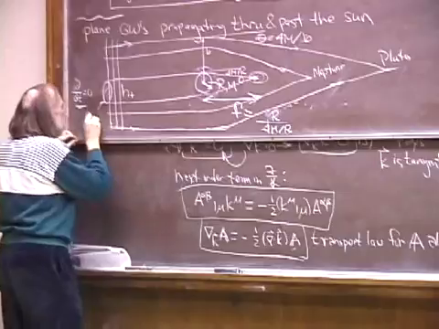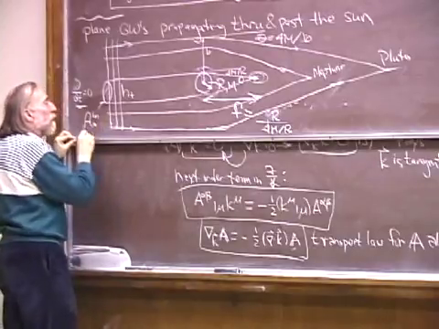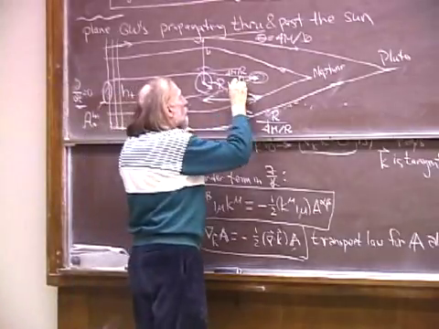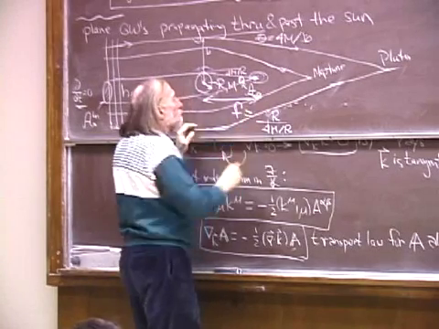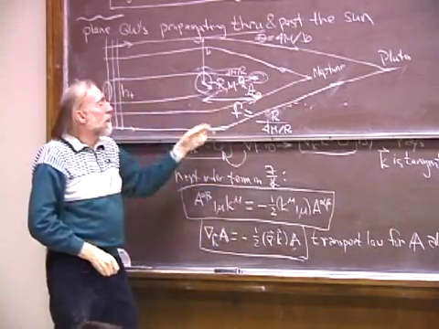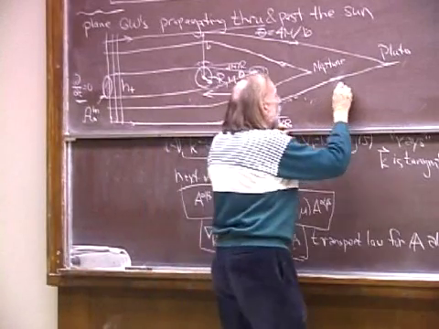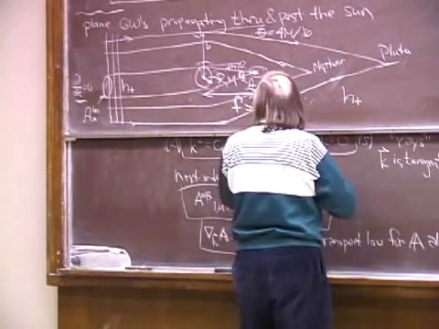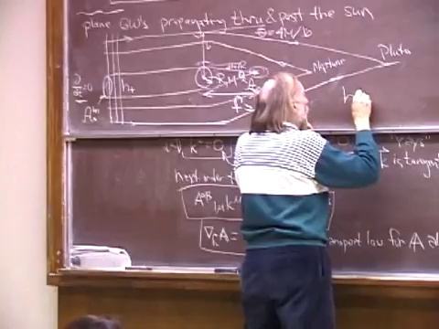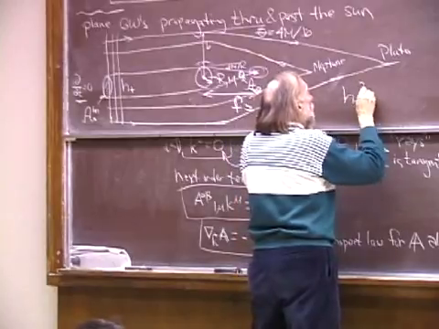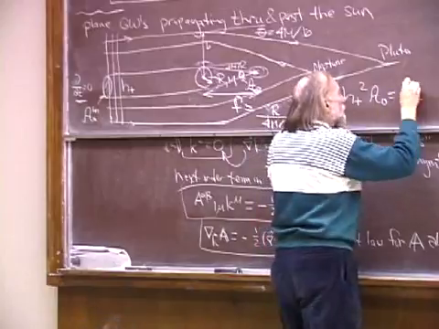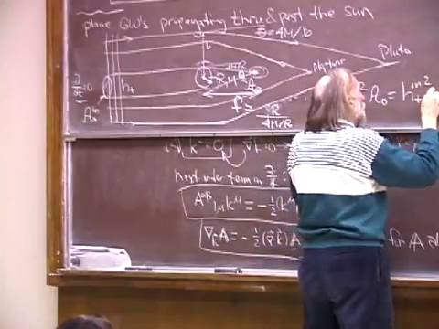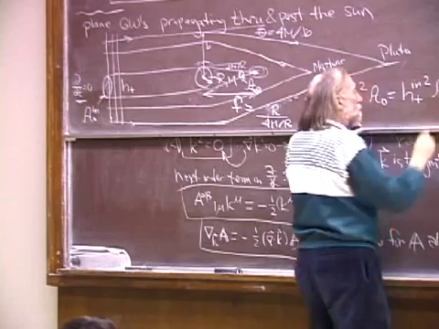Let's call the initial one A initial, and the one down there A. And the statement is that h plus squared times A is equal to h plus initial squared times A initial.